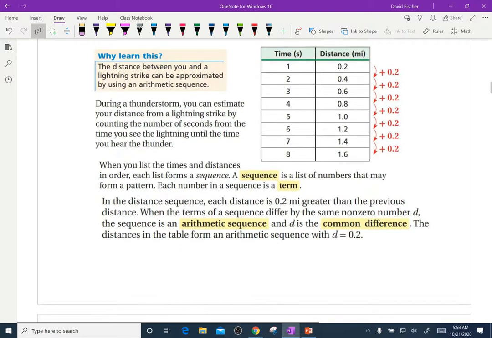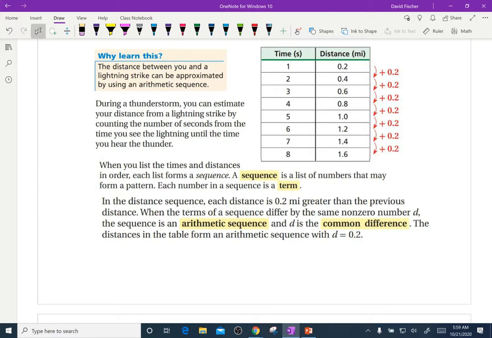And so here's kind of a sequence here. If the time is 1 second, it's 0.2 centimeters away. So if I see lightning and I count to 3 seconds, well, then it's like almost a little over half a mile away. And so I was kind of impressed by that, that I can tell how far a thunderstorm is away.